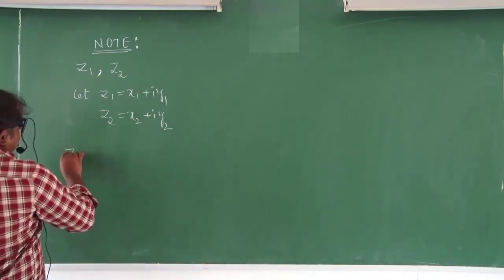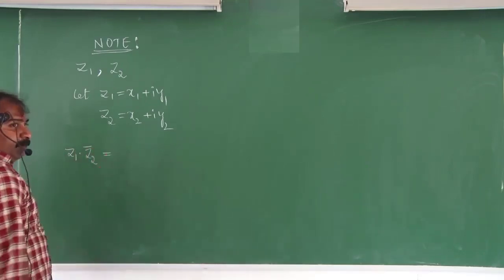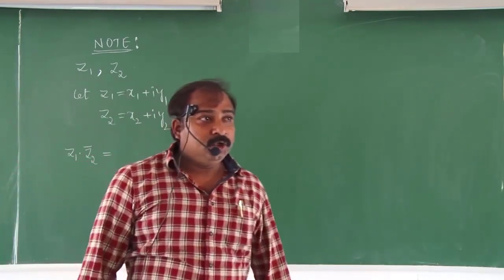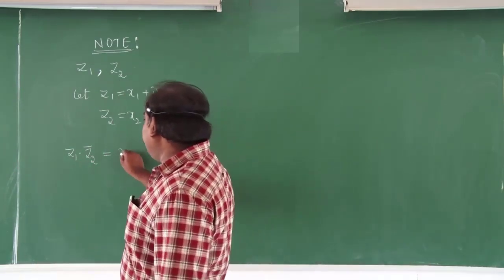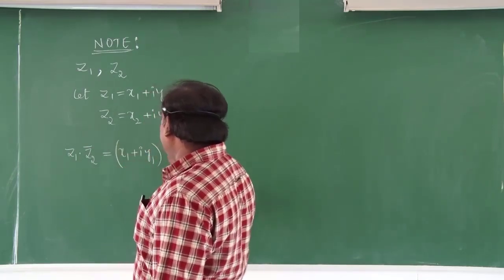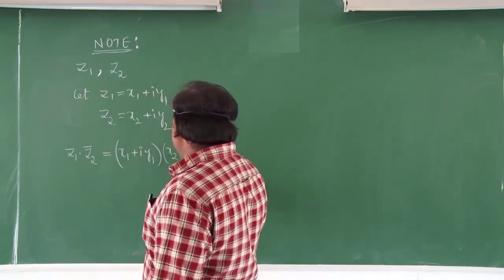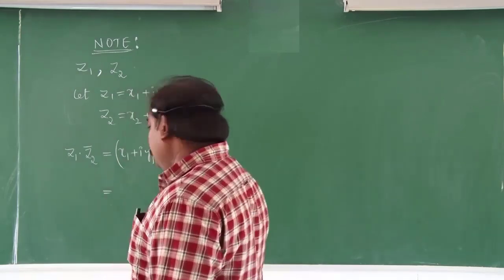Now, what is the value of z1 into z2 conjugate? Calculate z1 into z2 conjugate. So z1 means x1 plus i y1, into z2 conjugate means x2 minus i y2. Multiply these values.